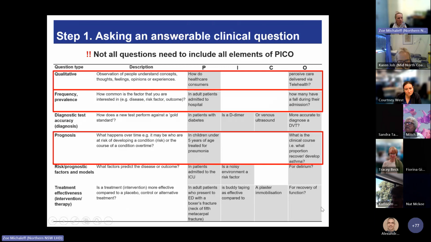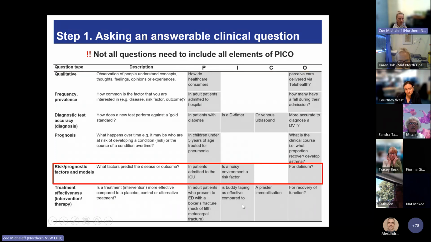So if your question was one that was related to qualitative questions, so around understanding people's thoughts, feelings, experiences, a frequency or prevalence question, or a prognosis question, in order to ask an answerable clinical question, you need to define the population and the outcome.